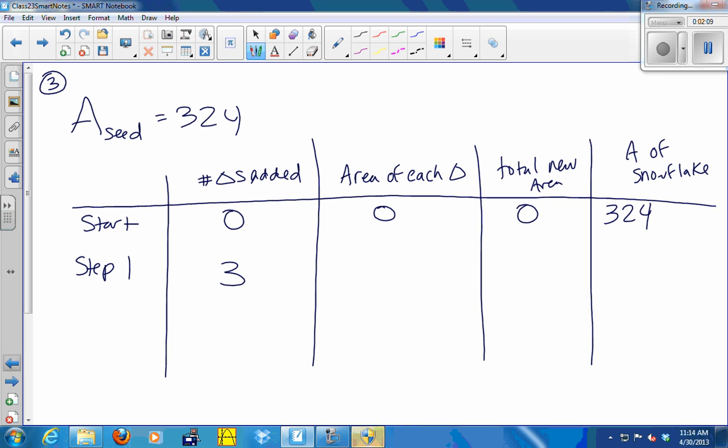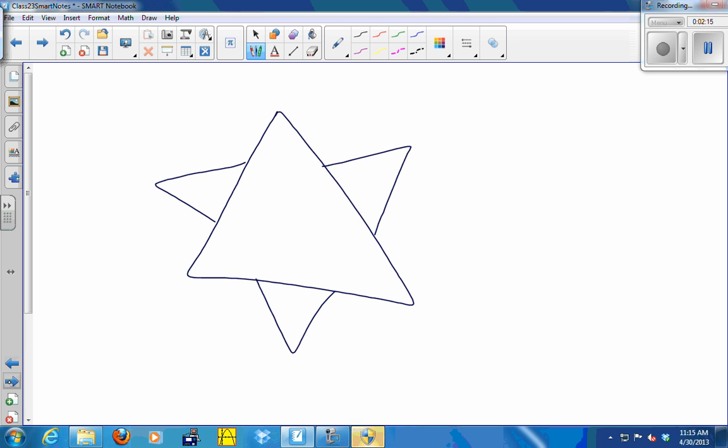So last class, we found the area of each triangle using a formula, right? You have to know the length of the side to get the area of the triangle. But picture something for me. These 3 triangles are all the exact same size, right? Imagine folding them in on top of the original triangle.